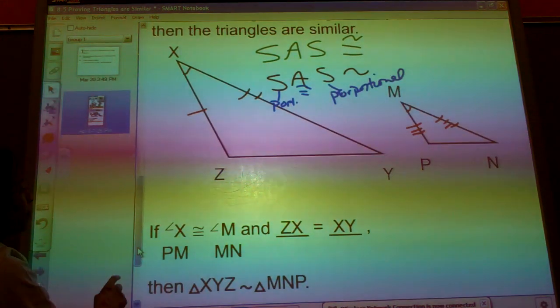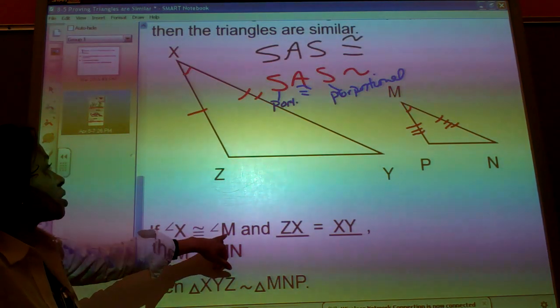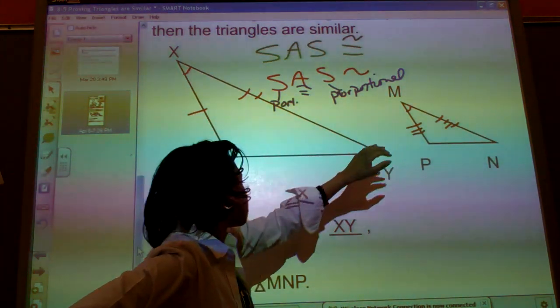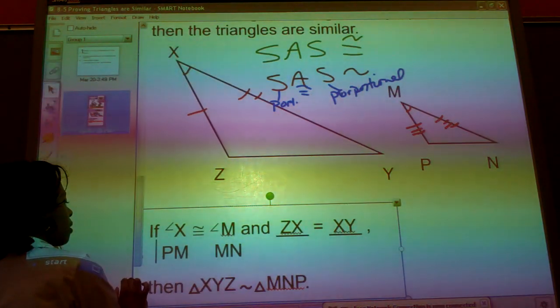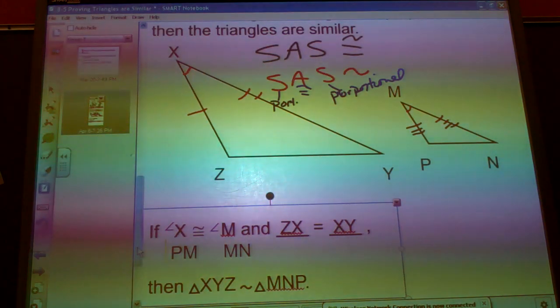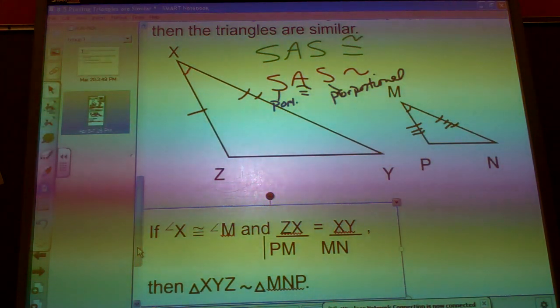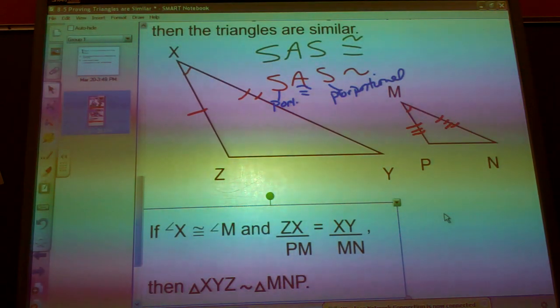Alright, so on this one, as I stated, if angle X is congruent to angle M, which I've shown, and this needs to be moved over, PM. Alrighty.